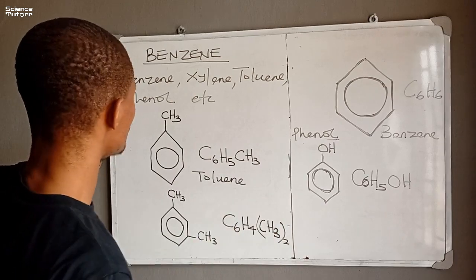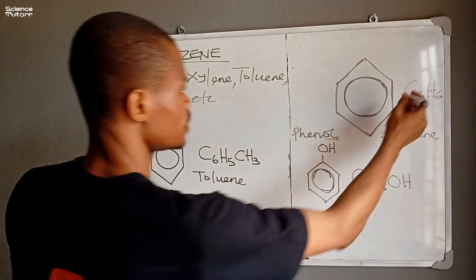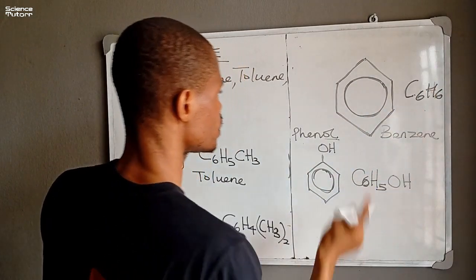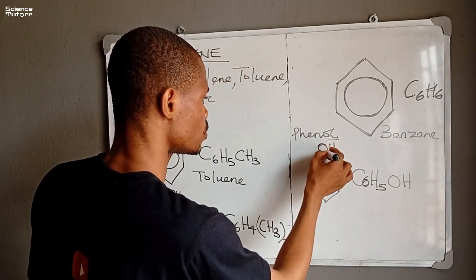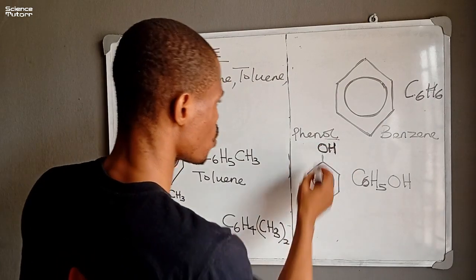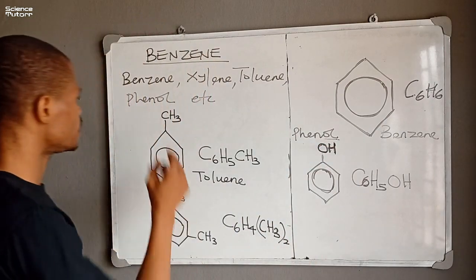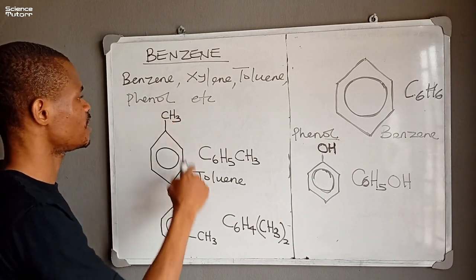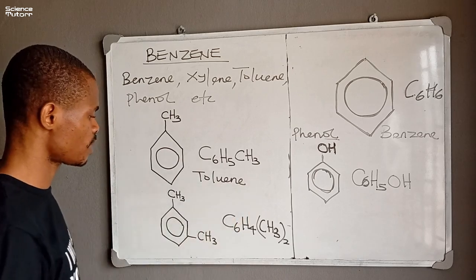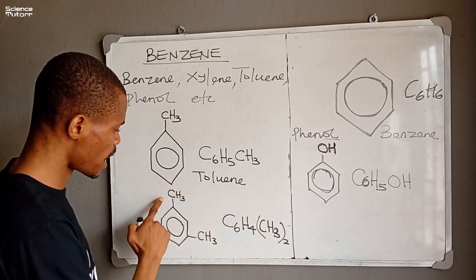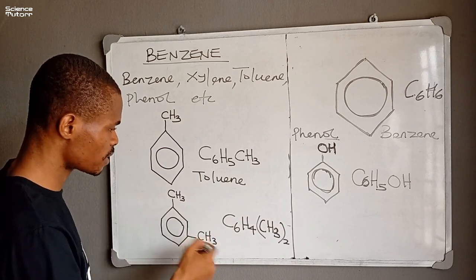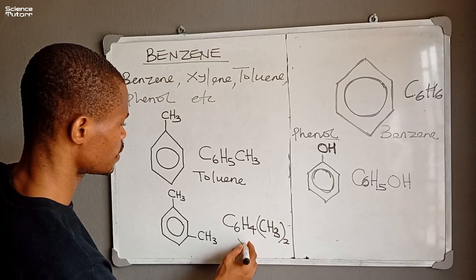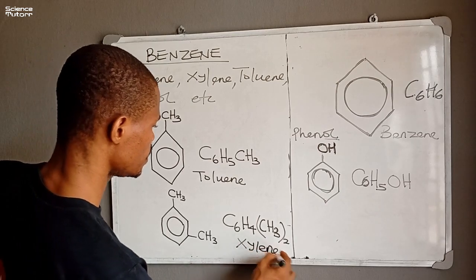So this is how to draw each of these. Benzene ring C6H6, a drop in one of the hydrogens and replacing it with an OH gives us phenol, and then a drop in one of the hydrogen atoms replacing it with a CH3 gives us toluene, and then a drop in two hydrogen atoms replacing them with methyl groups gives us the compound xylene.